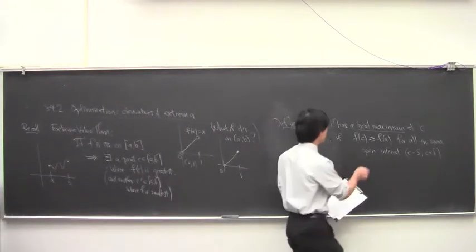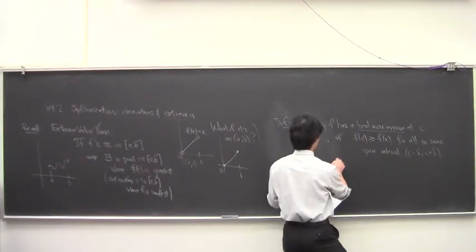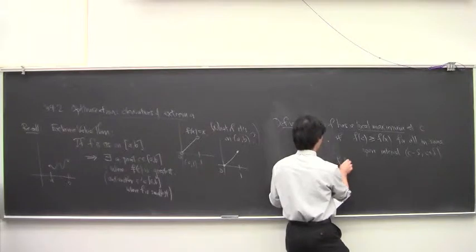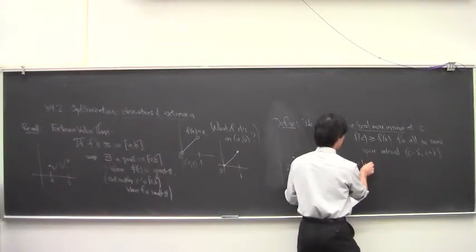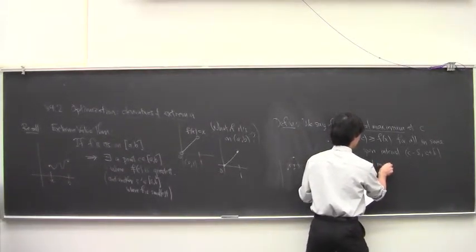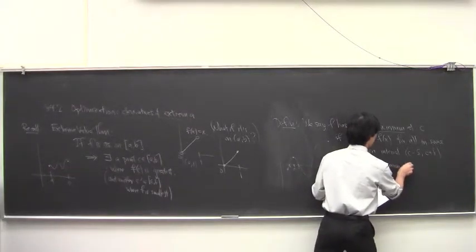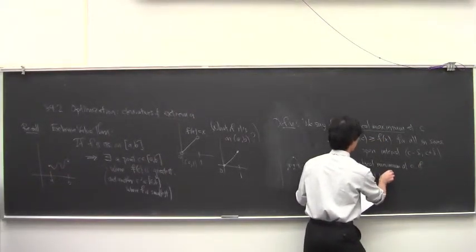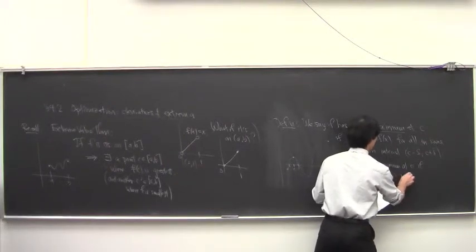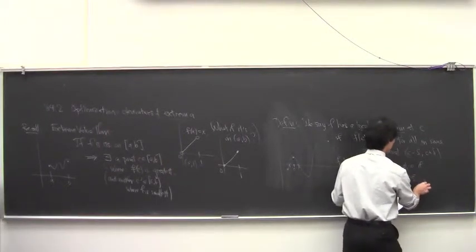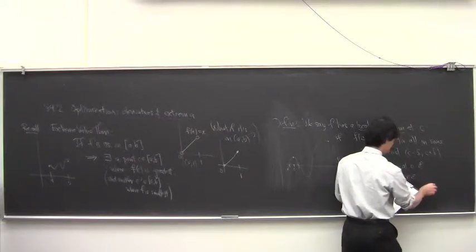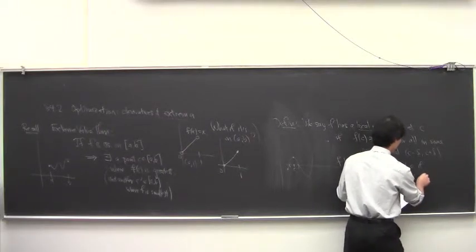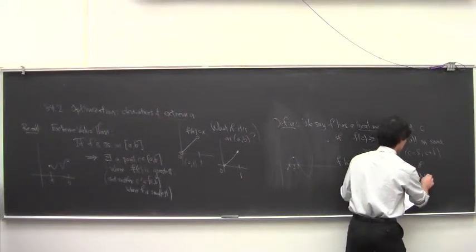Of course, also a similar idea. Say f has a local minimum at C if f of C is less than or equal to f of x for all x in some neighborhood. I'm going to abbreviate.